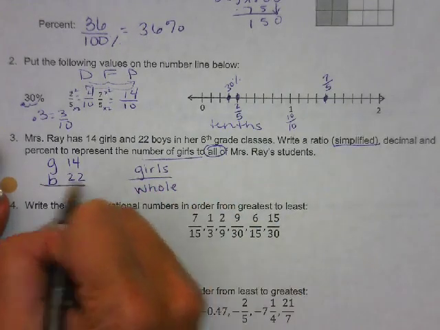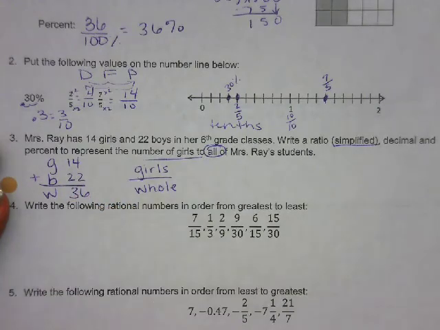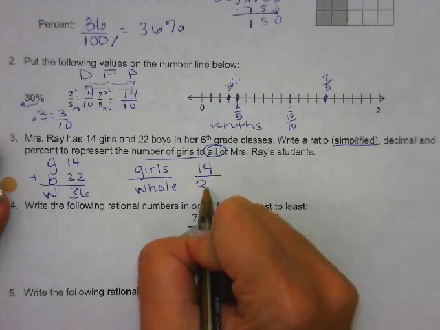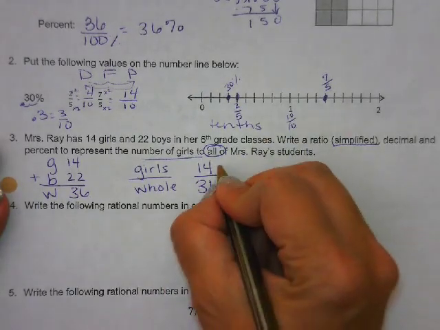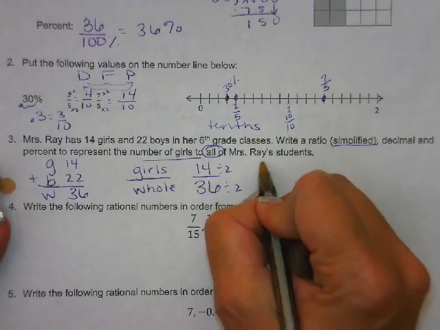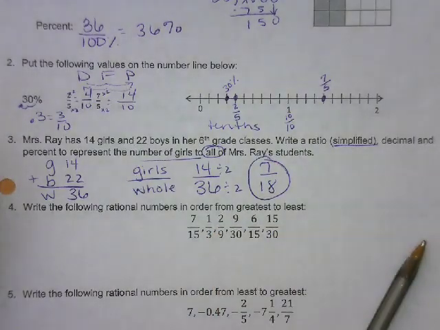So I need to add these to get my whole, and I get 36 total. So now my ratio of girls is 14 to 36. This does simplify. They are both even. So I can reduce both by 2. And I get 7/18. Now that is my fraction.